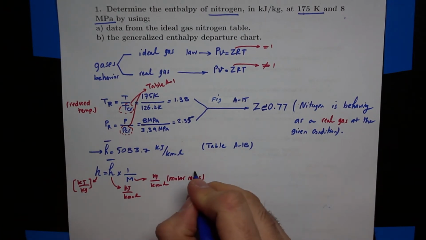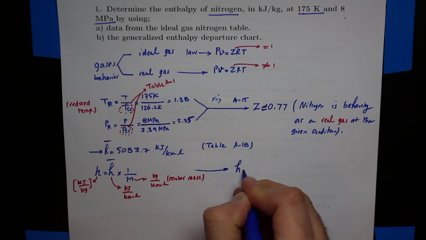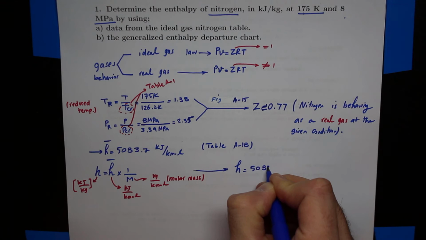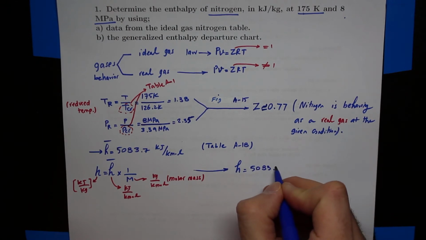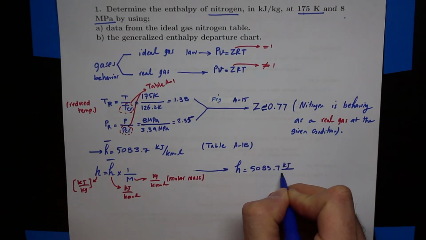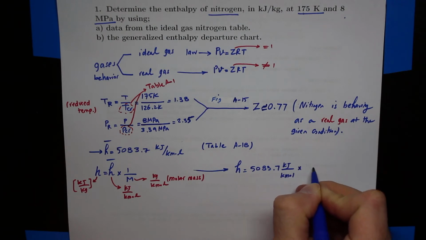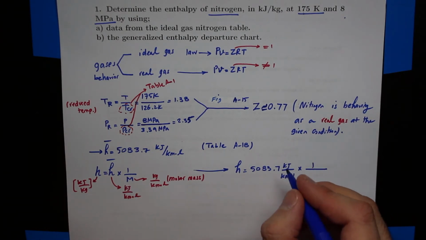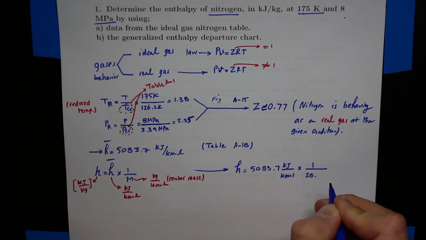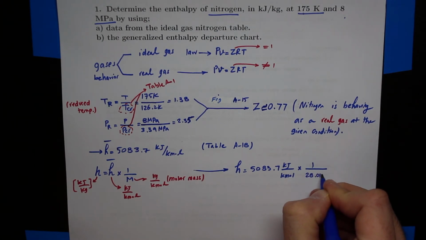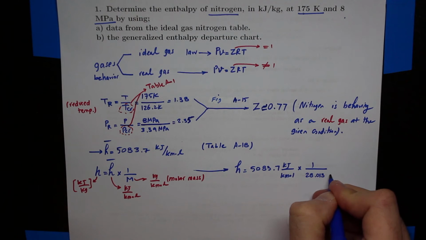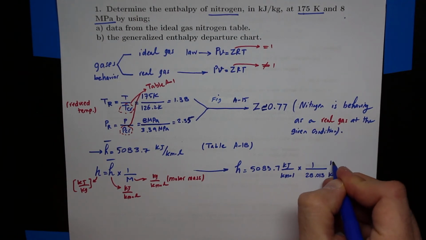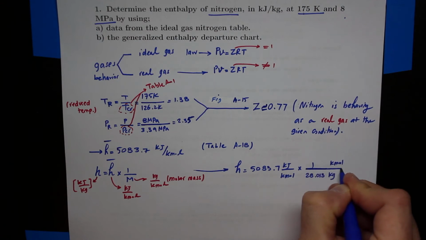So that gives me H value equal to, instead of H bar, 5083.7 kilojoule per kilomole multiplied by the inverse of M, or the inverse of molar mass, which is 1 over 28.013, and the unit is going to be kilogram in the denominator and kilomole in the numerator.